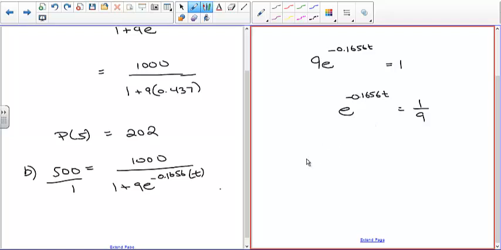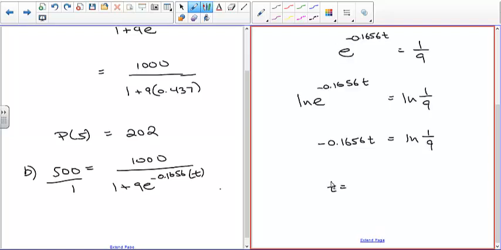And then this is the time that I use the inverse relationship between natural logs and e, so that when I do that, I'll just get the exponent. Therefore, t is equal to the natural log of 1/9 divided by negative 0.1656.